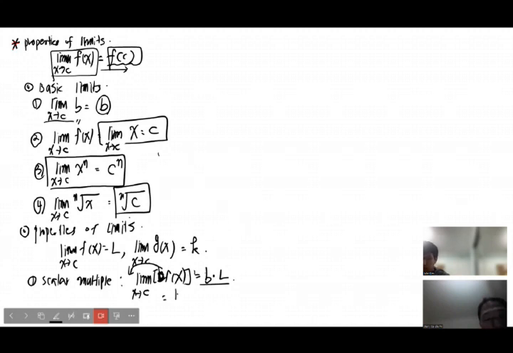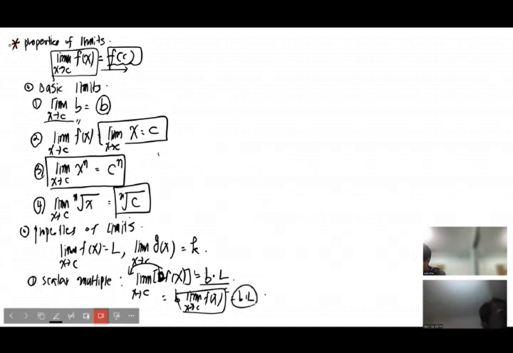So if you take b out, then that's the same as b times the limit of function f(x) as x goes to c. So this one is L, so that should be b times L.